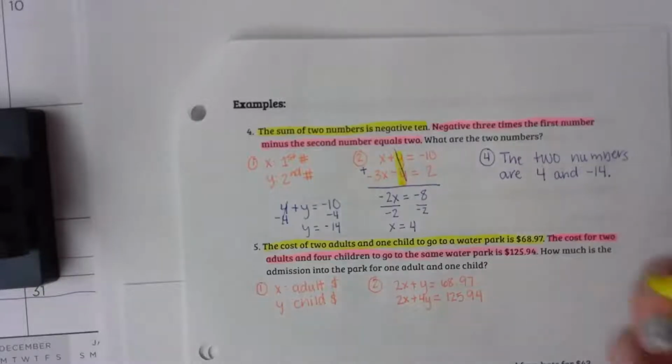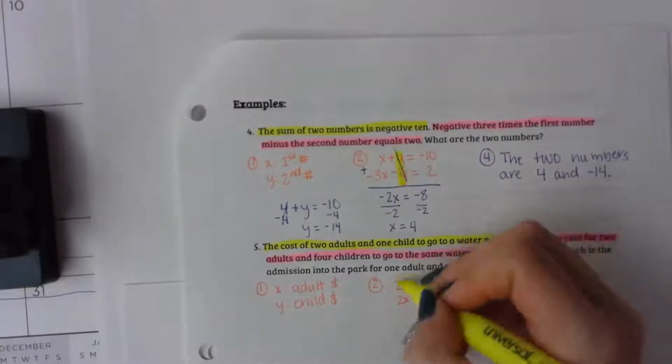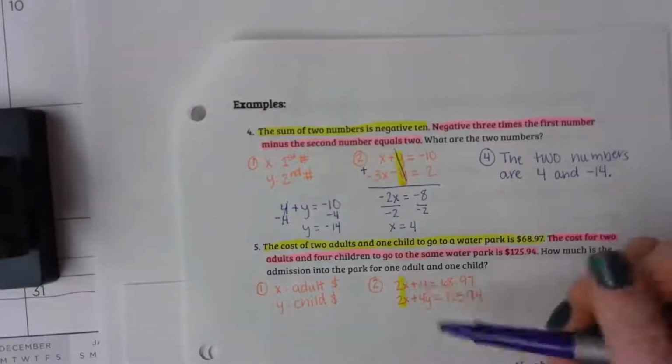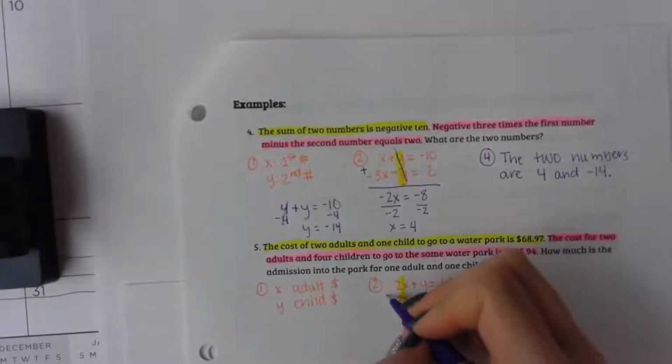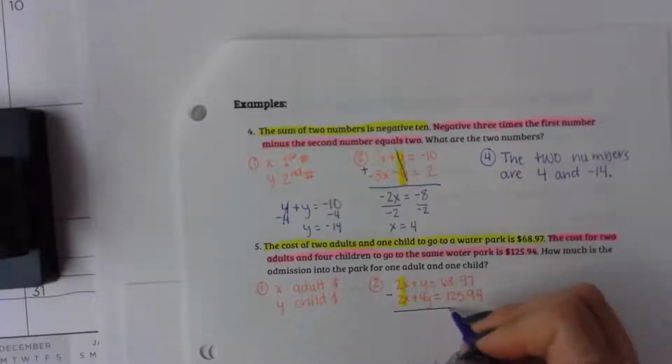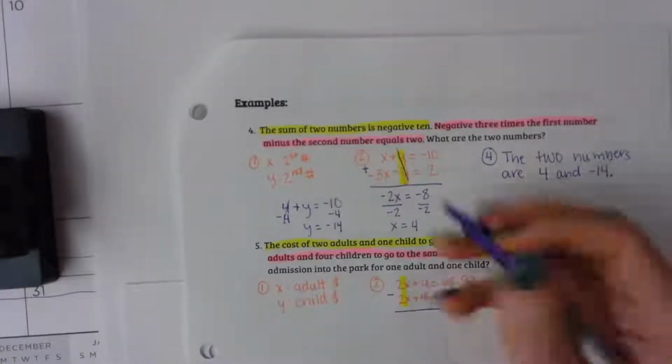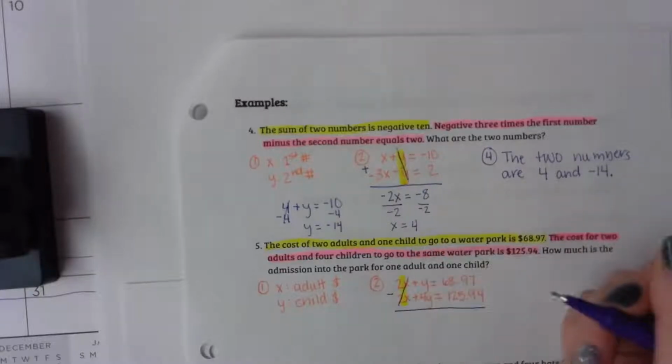So I'm going to look at these, and I see that I've got the x's that are in common. Now these ones are the exact same, which means I'm going to subtract. So the x's are going to cancel.